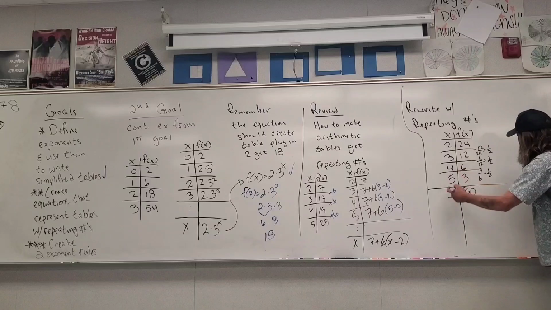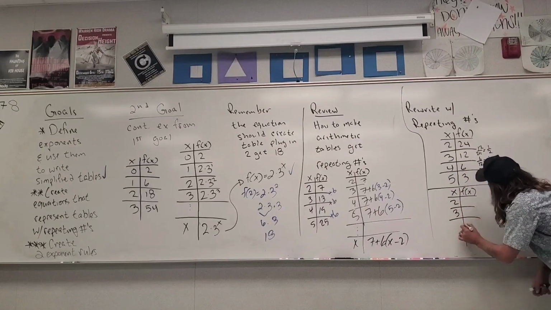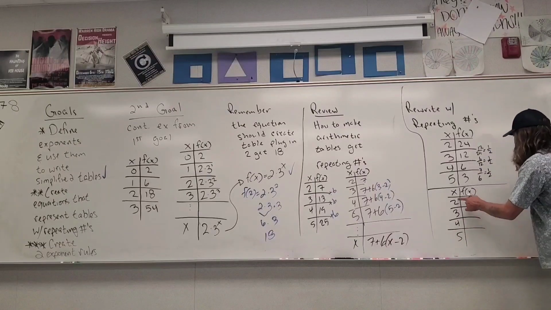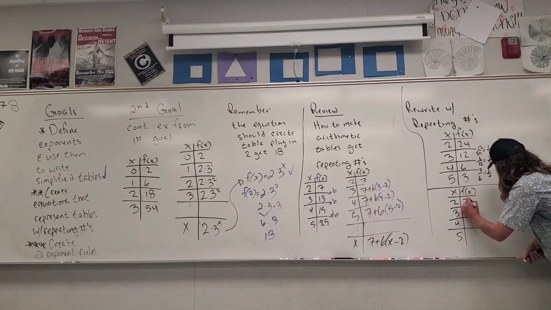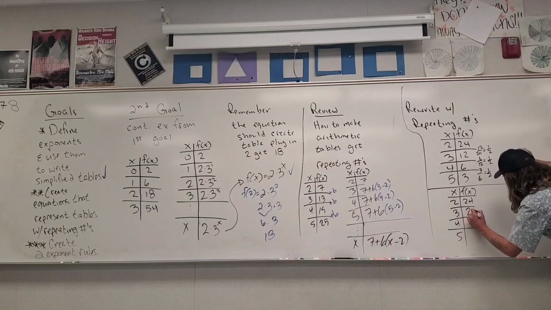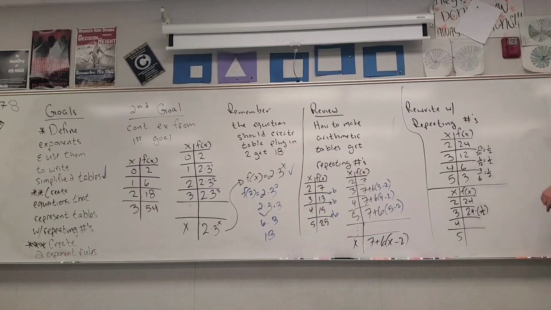So again, my x values stay the same. My first row stays the same. And to go from 24 to 12, I have to multiply by 1/2 once. So this becomes 24 times 1/2, right?